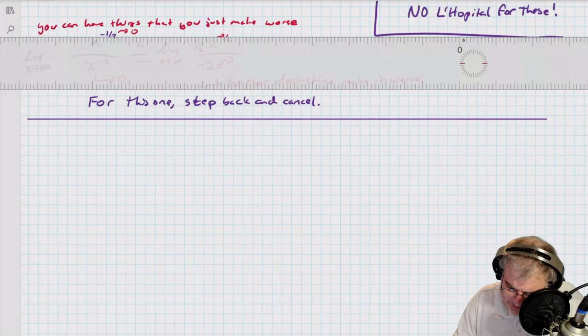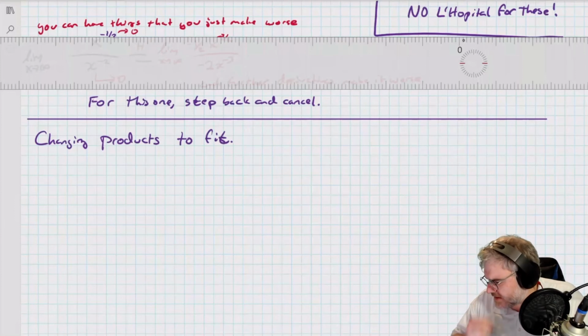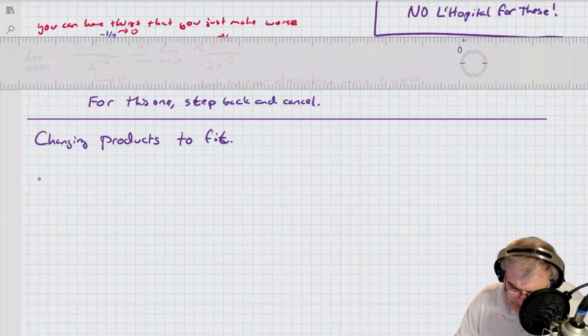Let's talk about other forms. We need to talk about changing products to fit. The classic example of this is something like the limit as x goes to 0 plus of x times ln of x.